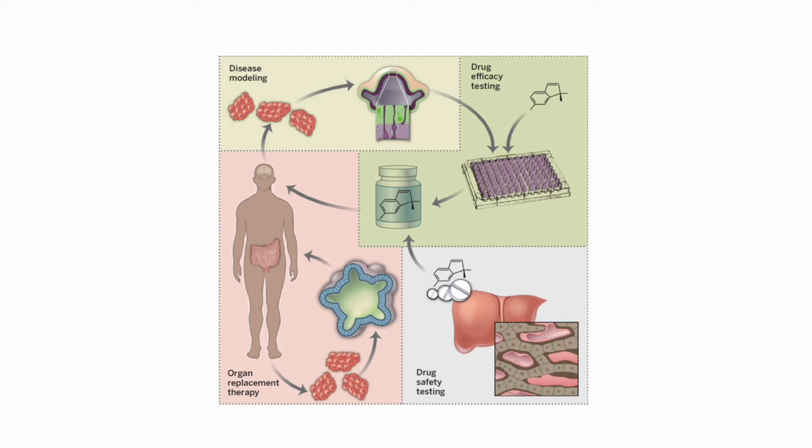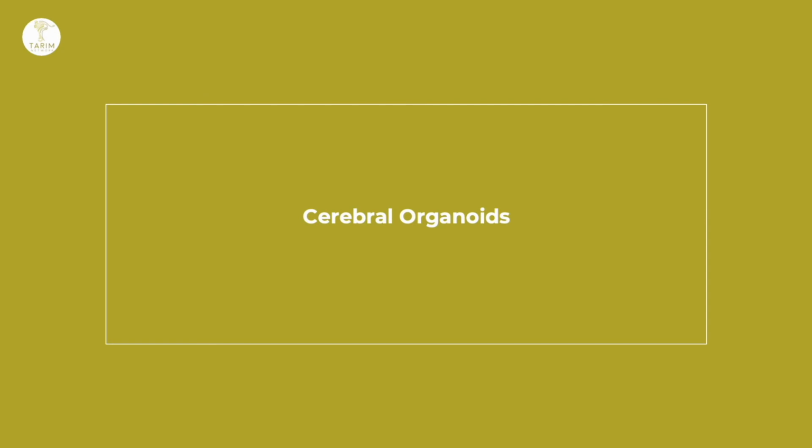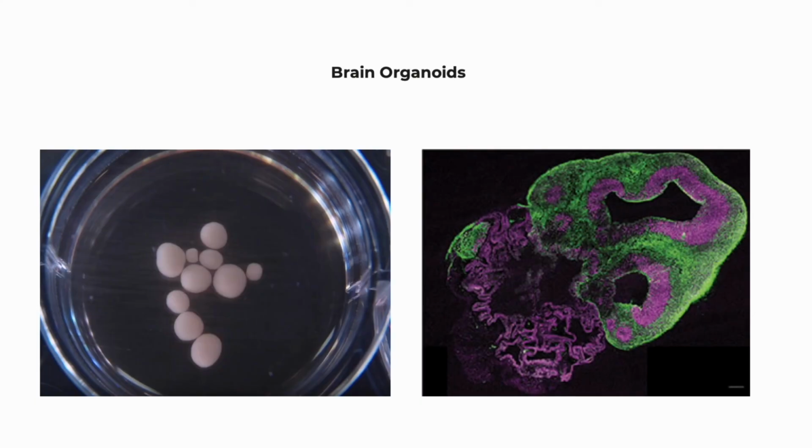So yeah, now you also know what organoids are and have a broader understanding of what is all possible and what organoids are used for. I want to draw your attention to one particular organoid type, the cerebral organoids. I have shown two pictures. The first on the left is how they look to the naked eye.